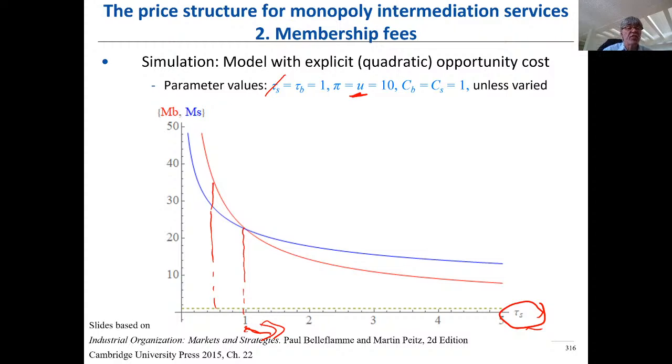So there will be more sellers on the market, and that's a very good thing for the buyers, because they now have a much higher utility, as there are so many more sellers. And that's what we get here in terms of a higher membership fee. Just the opposite holds if we move in the direction of increased tau_S.